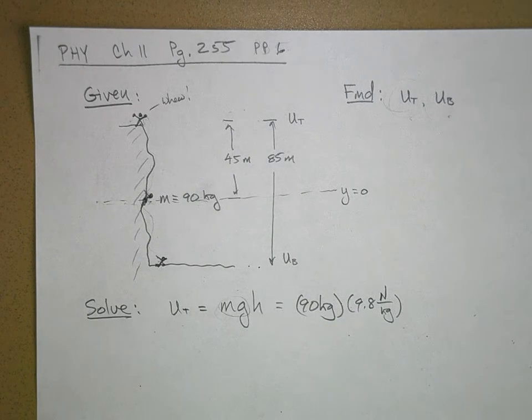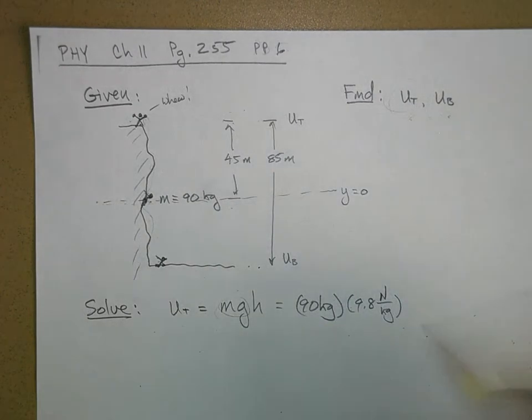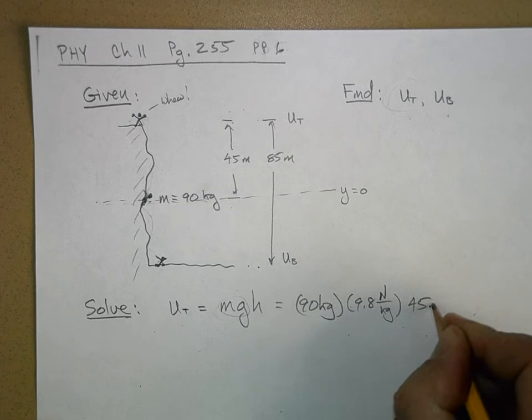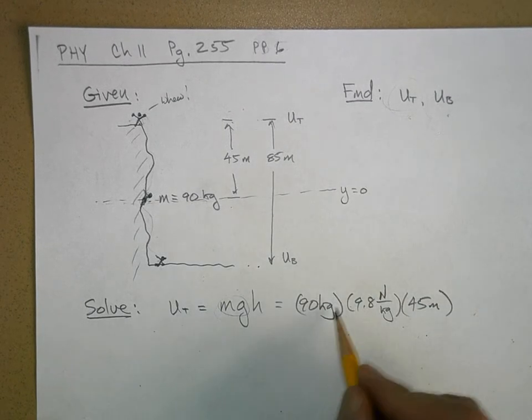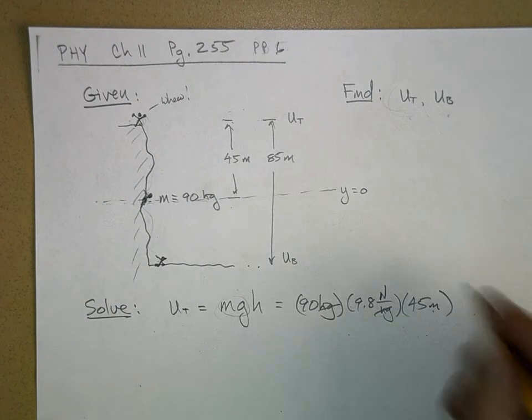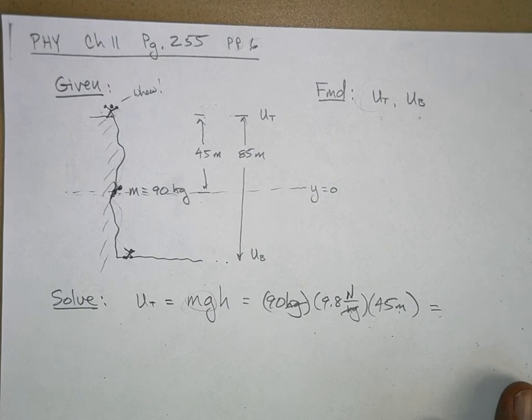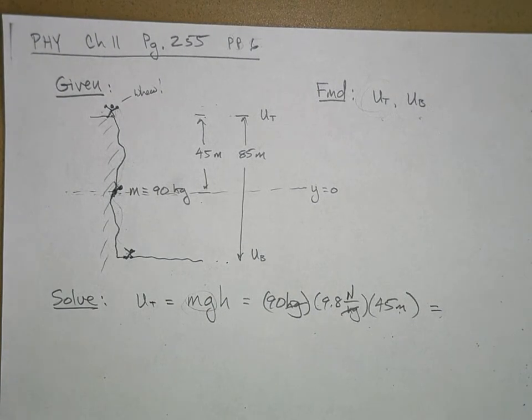That's the magnitude of the force of gravity. And then our height above that reference is 45 meters. And notice the kilogram cancels. We get a newton times a meter is a joule. So this works in terms of units. So let's go 90 times 9.8 times 45.